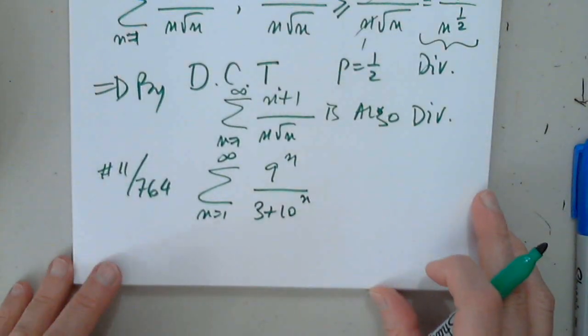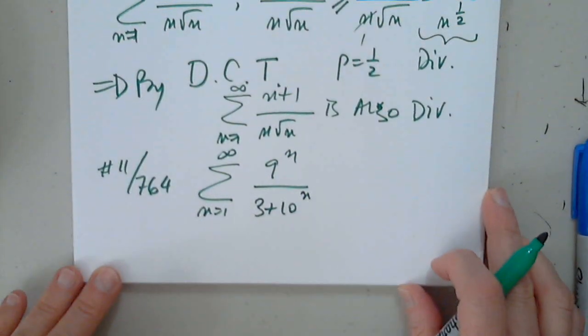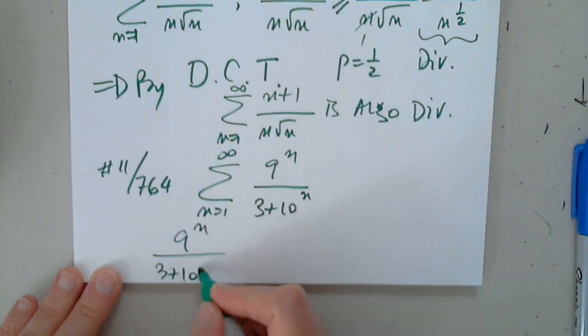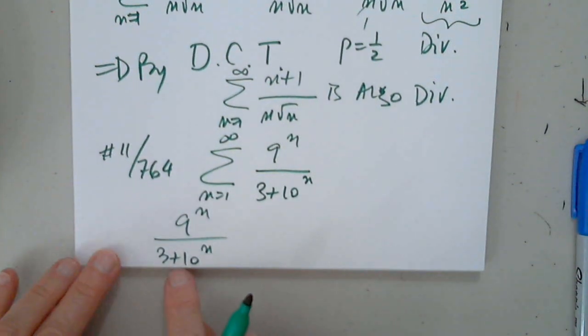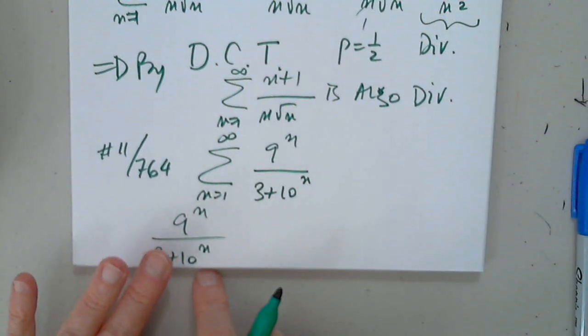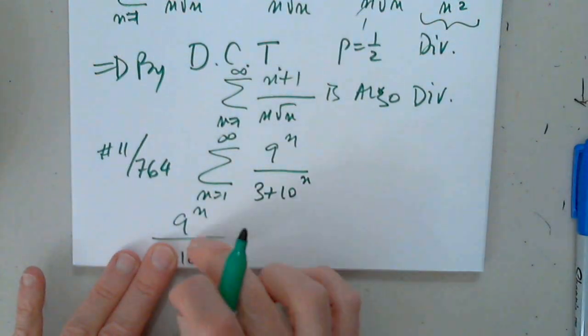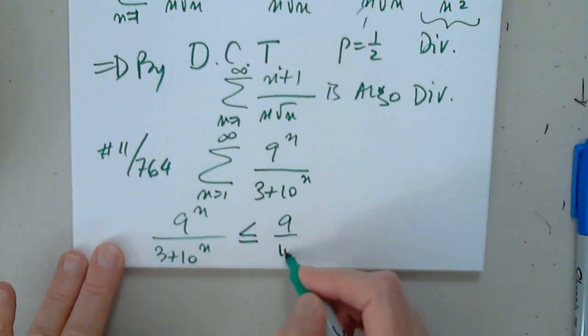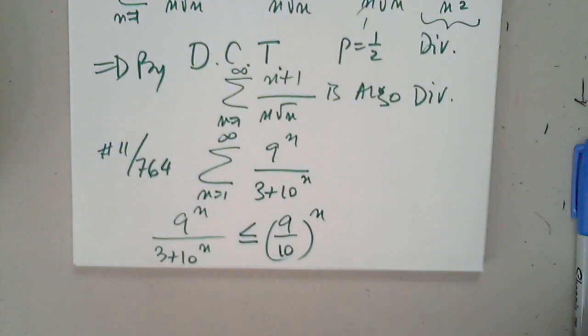Again, a simple situation if we remember the geometric series, because 9 to n over 3 plus 10 to n, I'm minimizing the denominator, removing the 3. So then this has to be less than or equal to 9 over 10 to the nth power. This is bigger because it has a smaller denominator.